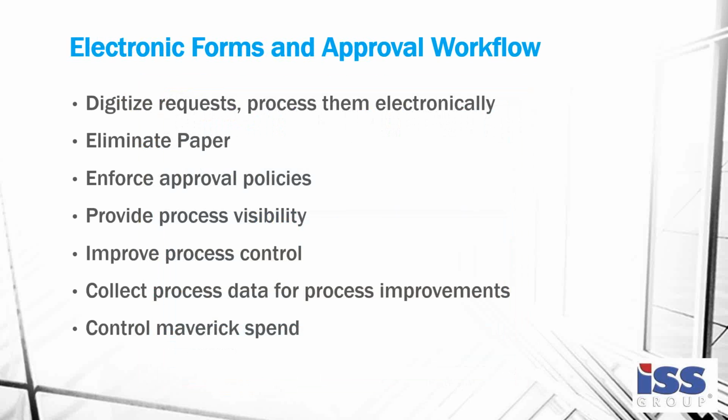Electronic forms and approvals workflow can be applied to virtually any business process in your organization that requires an approval workflow. This can be a CapEx request. It could be a sales order request. It could be a quote. It could be an engineering change order. It could be any number of other things.